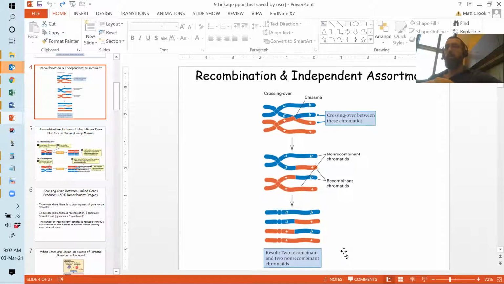So these are all homologous chromosomes. Imagine that each one of the daughter cells has one of these.